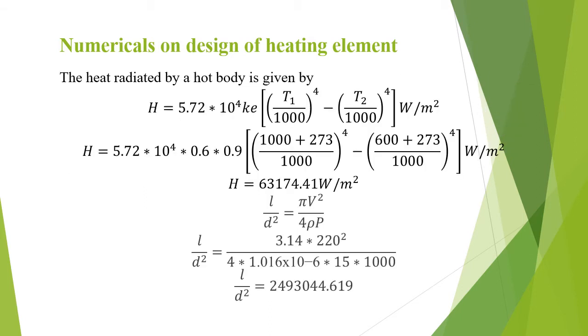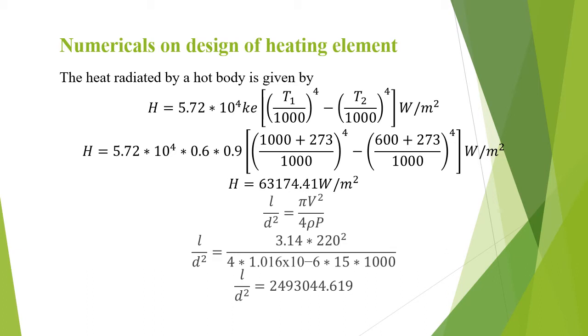We have the equation of heat radiated by the hot body, that is H equal to 5.72 into 10 to the power 4 Ke into (T1 by 1000 to the power 4 minus T2 by 1000 to the power 4) in watt per meter square. Here the values of T1 and T2, the temperatures, will be considered as absolute, so the value given in degrees Celsius will be added along with 273.